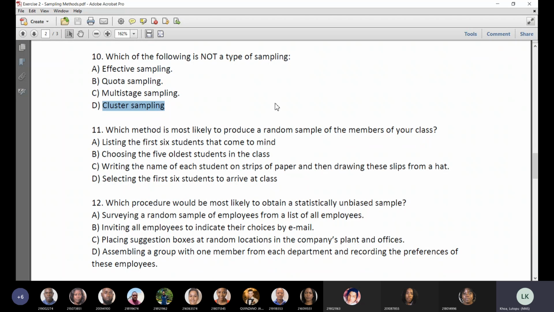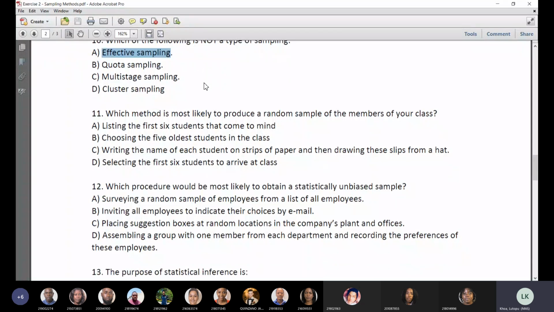First step, you are selecting your clusters, or which clusters you want to be part of your sample, and then you go inside the cluster. Okay, so the answer number 10 is A. Effective sampling is not a type of sampling.